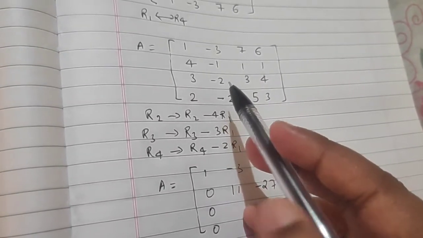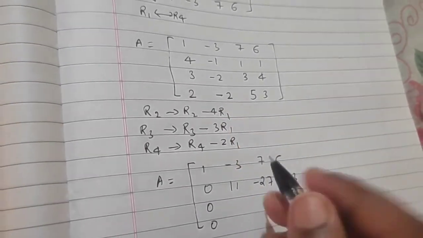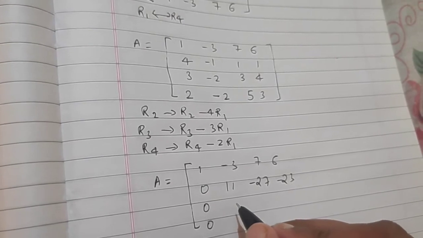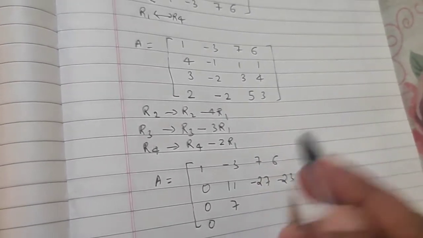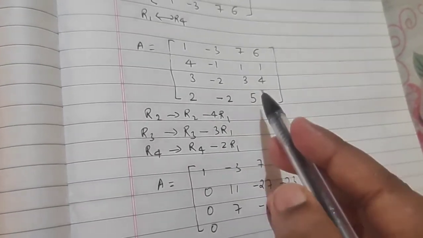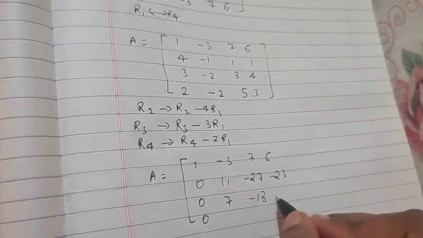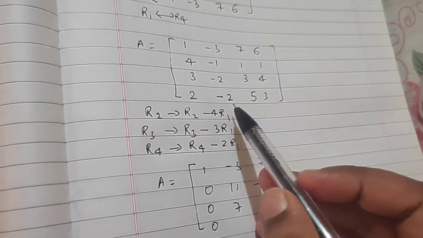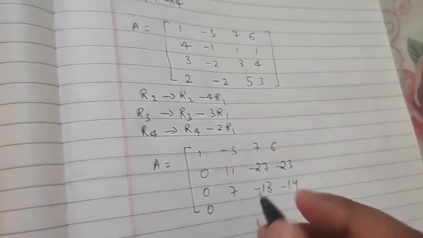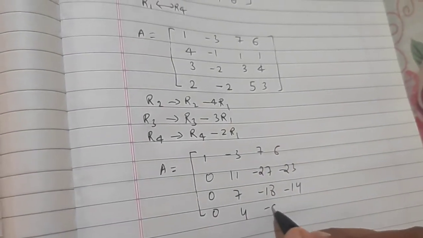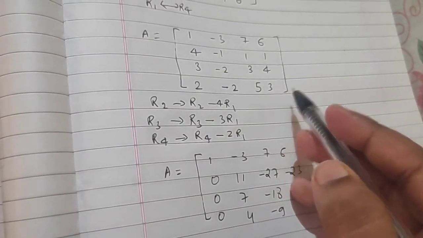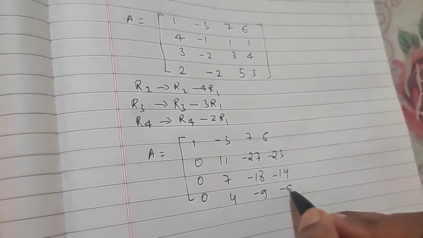Now minus 2 plus 9 is 7. Then we have 3 minus 21, so minus 18, 4 minus 18, so minus 14, minus 2 plus 6, so that is 4, 5 minus 14, so minus 9, 3 minus 12, so minus 9 again.